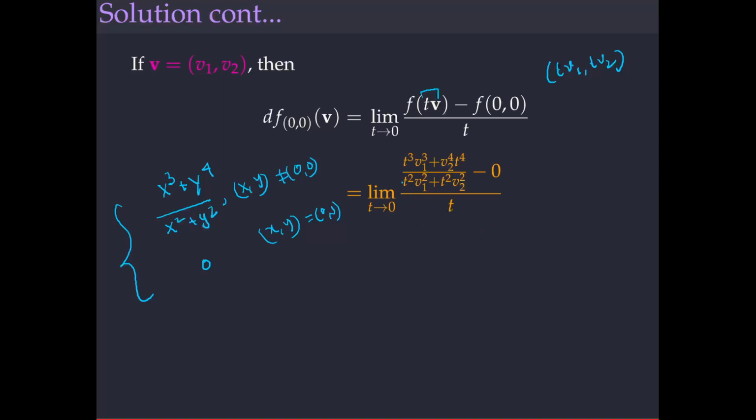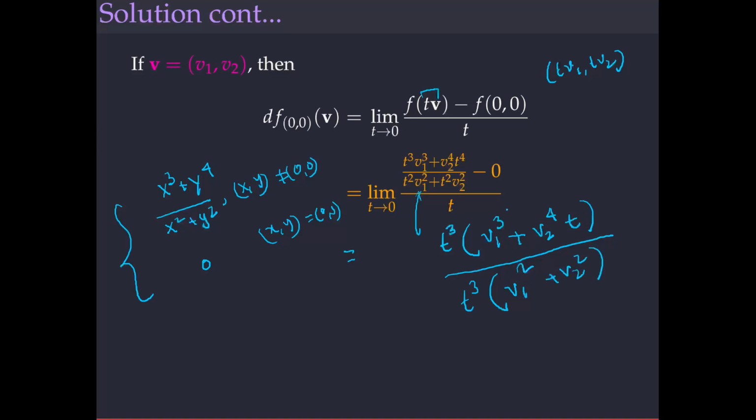Now I can take t cube as common in the numerator, so t cube times (v1 cube plus t times v2 to the 4), and the t in the denominator gets multiplied, so I'll get t cube times (v1 square plus v2 square). Okay, and hence I can cancel t cube with t cube.